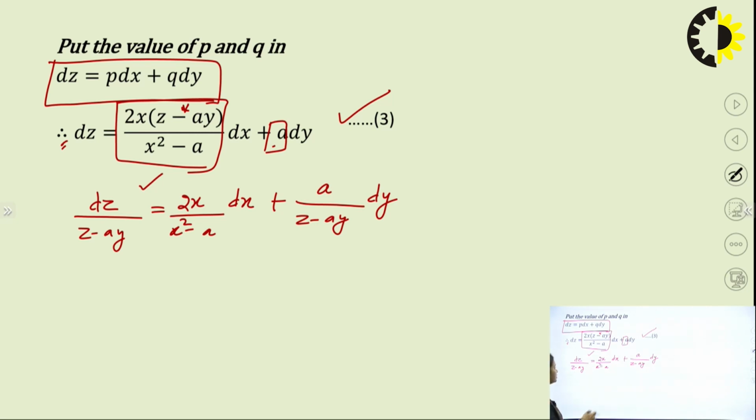Now see what happened. This term is in direct integrable form, but now the coefficient of dz is a function of z and y, and the coefficient of dy is a function of z and y. So these two terms are not in direct integrable form. What can we do? We can make a pair of these two terms, dz and dy.